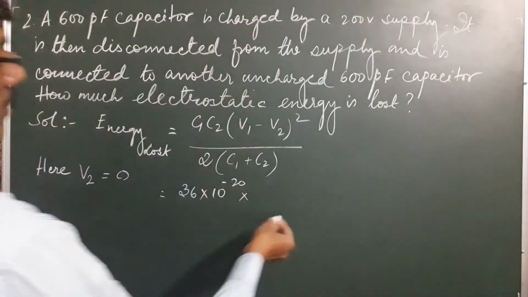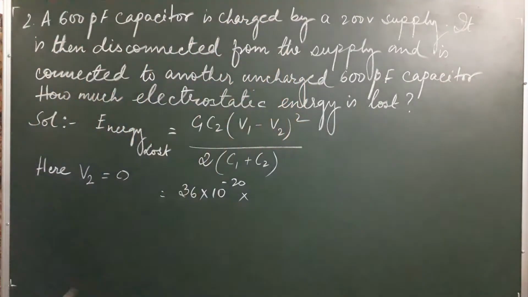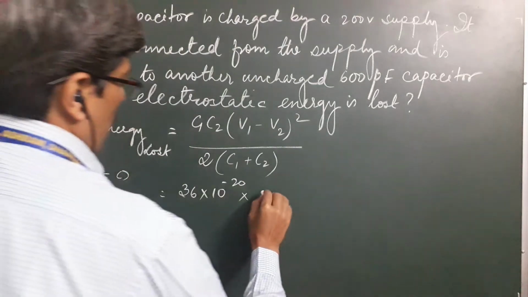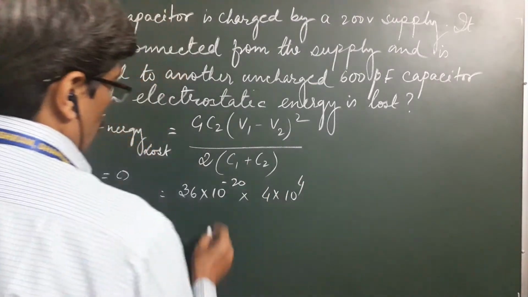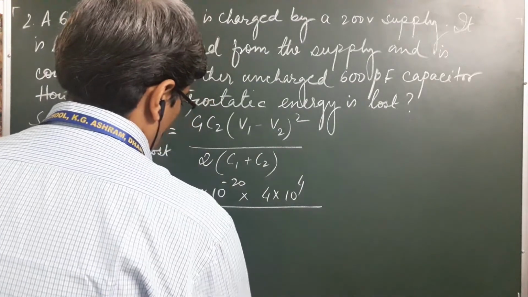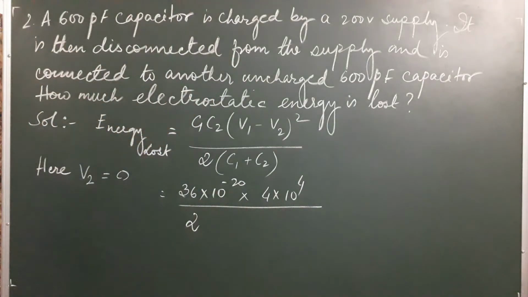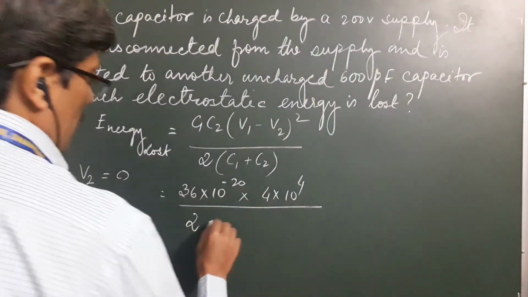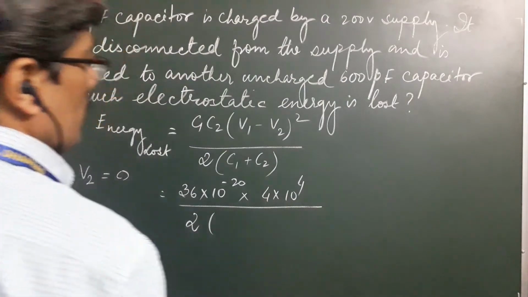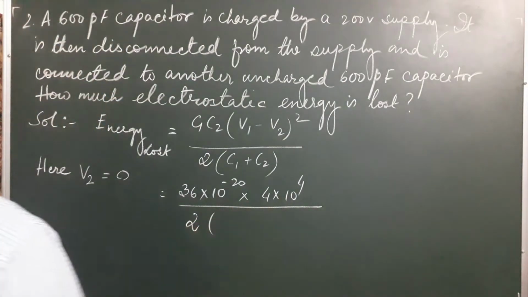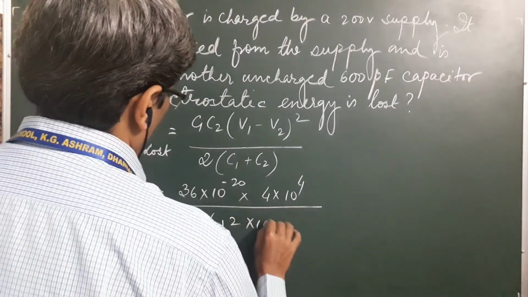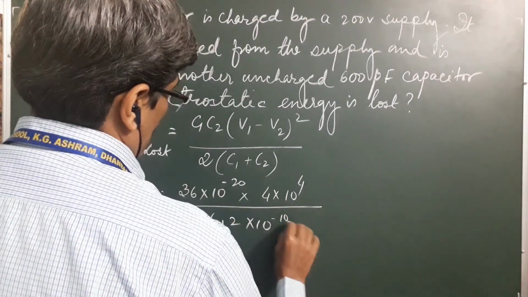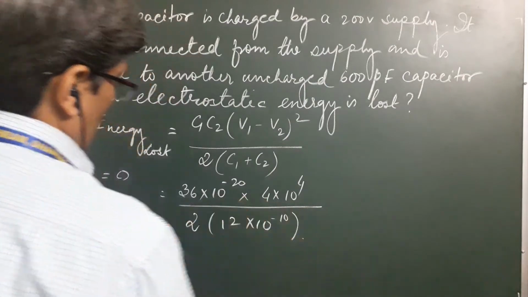So putting the value of V1, that is 200 volt, squaring it, that comes out to be 4 × 10^4, whole divided by, if you add these two, 600 plus 600, that is 1200, that can be written as 12 × 10^-10, right?